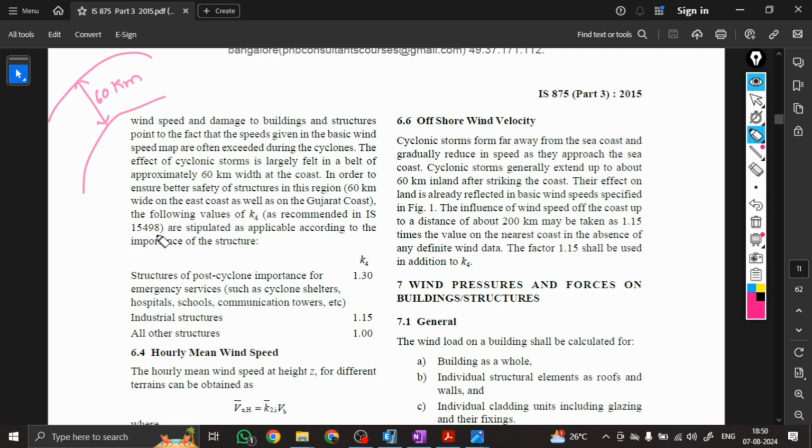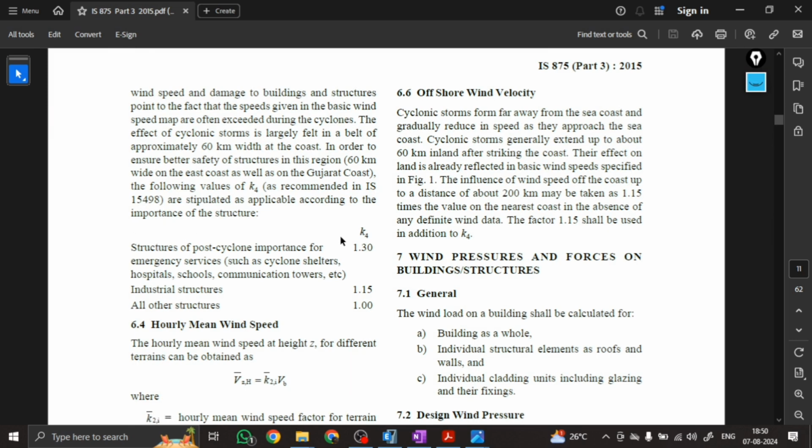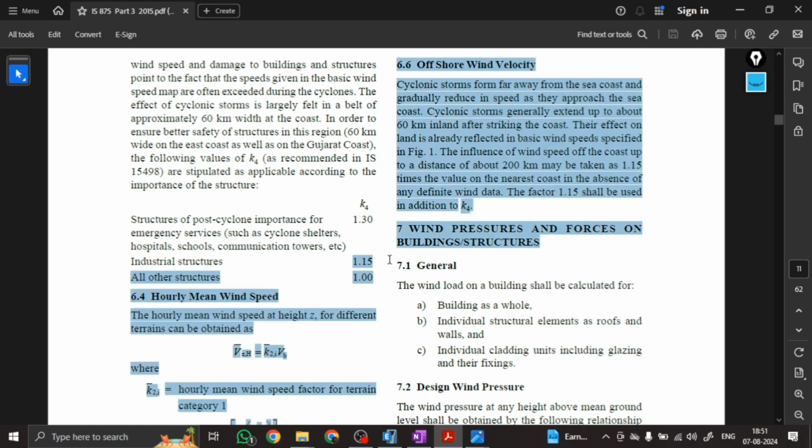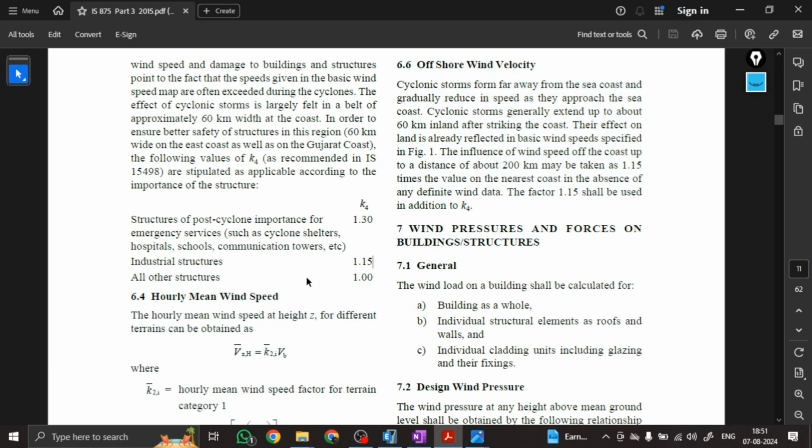You can see this IS 15498 code, and here we have our K4 values for cyclonic regions. Normal structures of post-cyclonic importance for the emergency services such as cyclonic shelter, hospitals, communication towers, etc., means important structures, we will take K4 value as 1.3 in coastal regions which have the 60 km belt. And if your structure is industrial, then you have to take 1.15, and all other structures is 1.